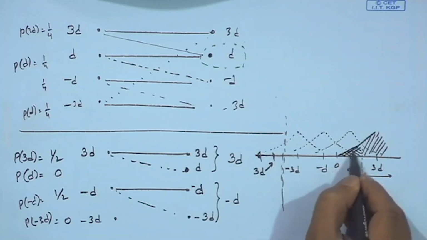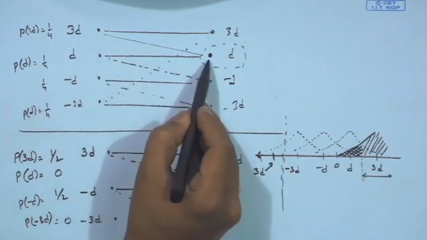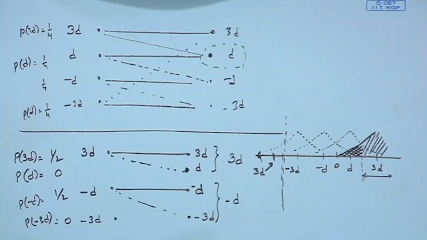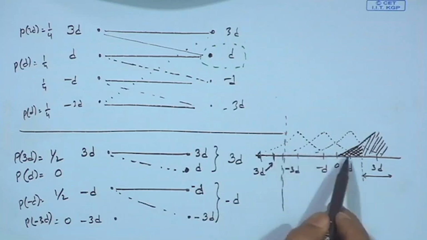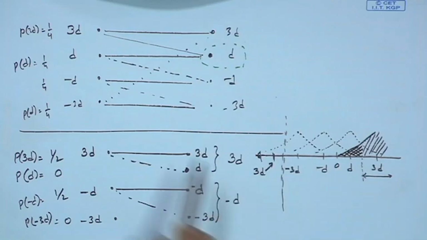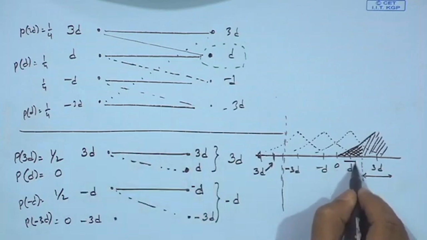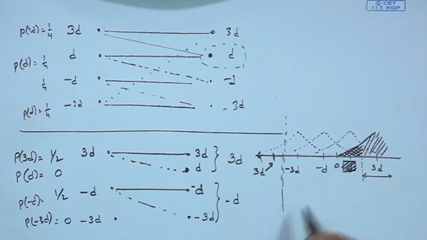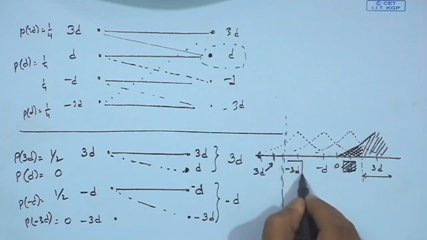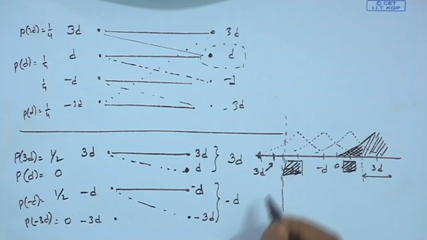So, this is the probability that it becomes D. Now you can easily guess, calculate or estimate, even visually, what the probabilities of error are in these situations. So, now going by this result, all it says is do not choose this as a transmitting symbol, and do not choose this as a transmitting symbol.